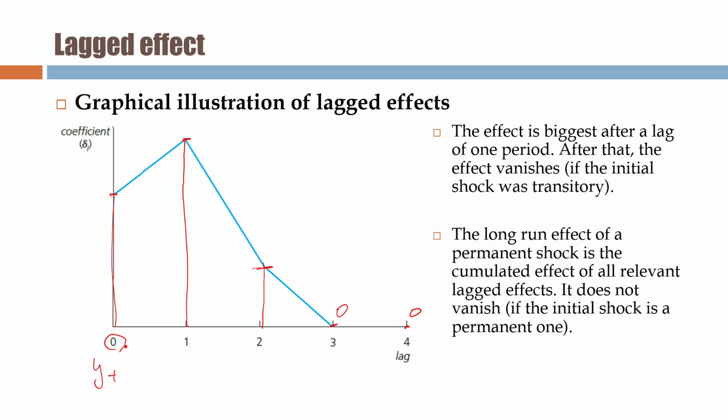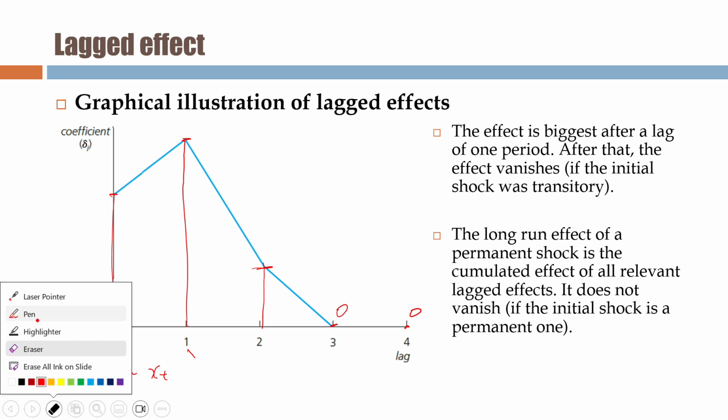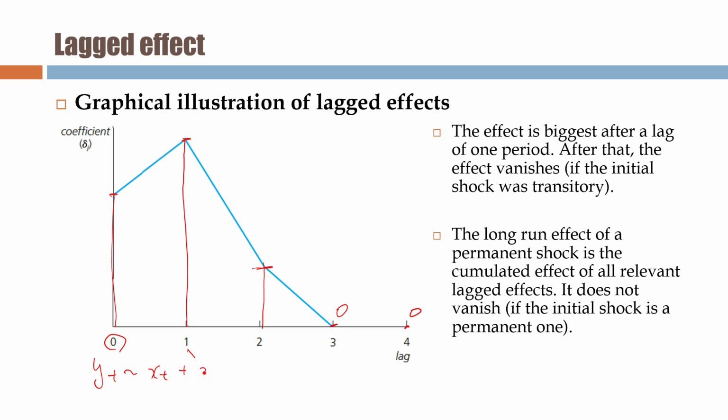This is the zero lag, about the variable x t, because the lag is 0, and then this is about x t minus 1, and this is about x t minus 2, and this is 0, so we don't have it.